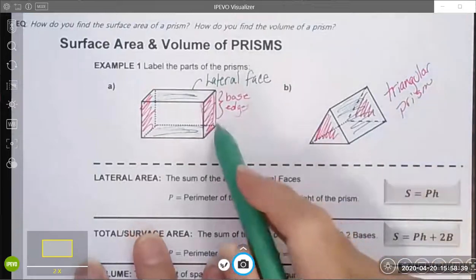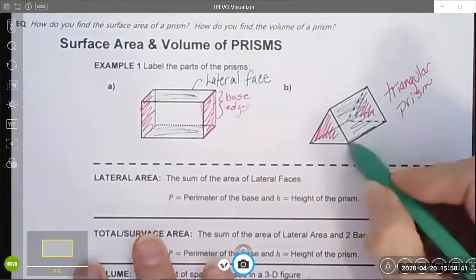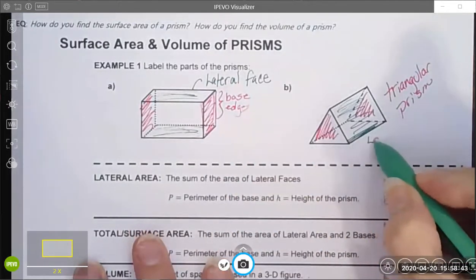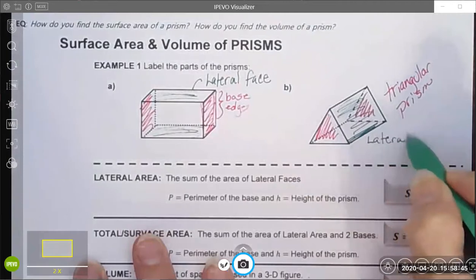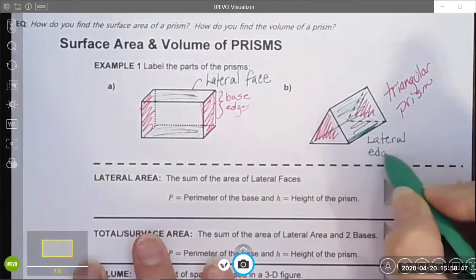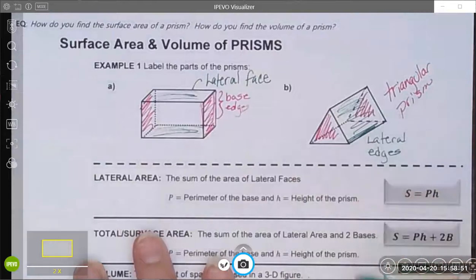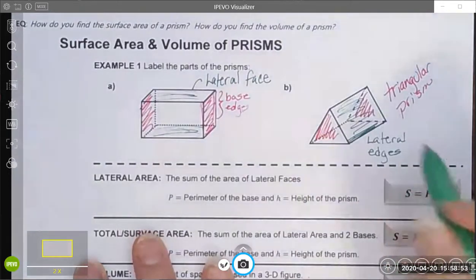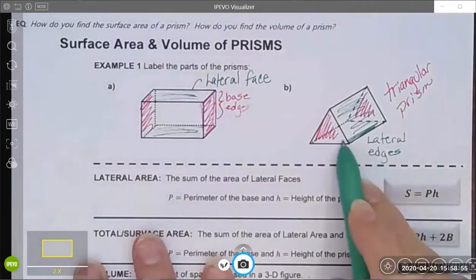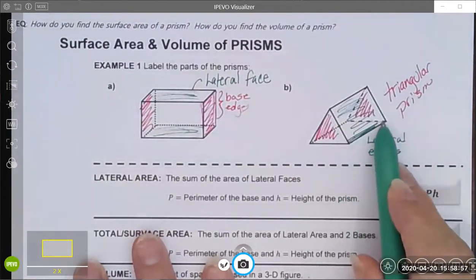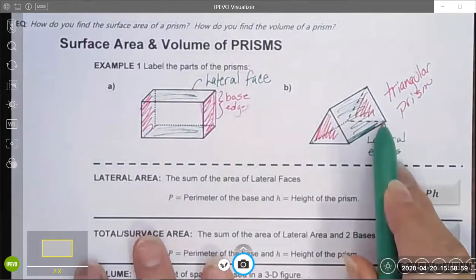And just like with a base, you have lateral edges. And these are the edges of the prism that separate the bases. And the lateral edges are important because the lateral edges are where you find the height of your prism.